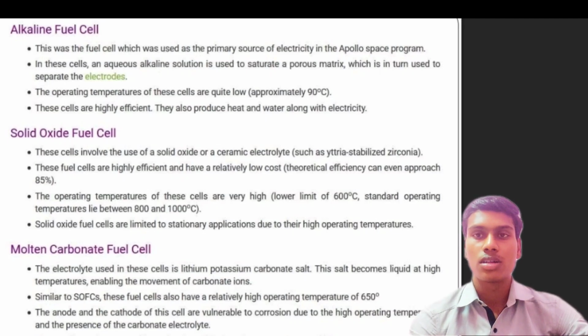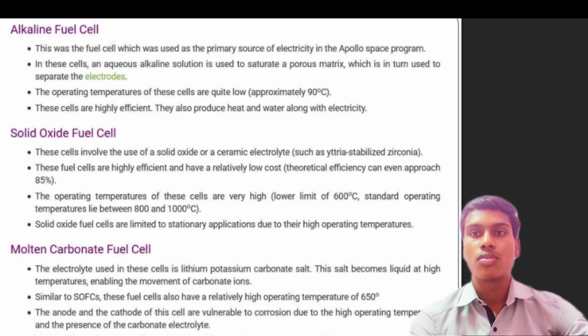The solid oxide fuel cell is used in high temperature applications, around 800 degrees Celsius. And also this fuel cell is used in trucks, cars, buses, and other automobiles. And also it has more efficiency, around 85% efficiency for the solid oxide fuel cell.